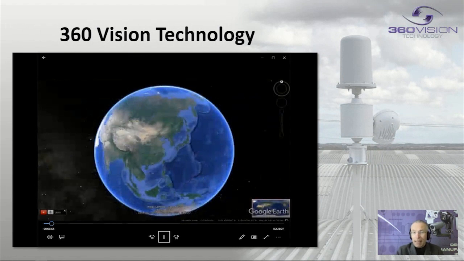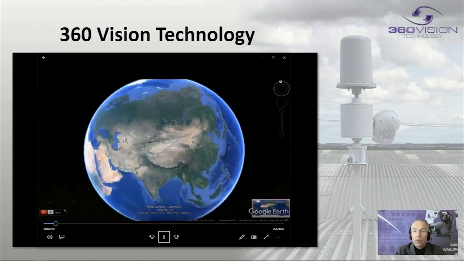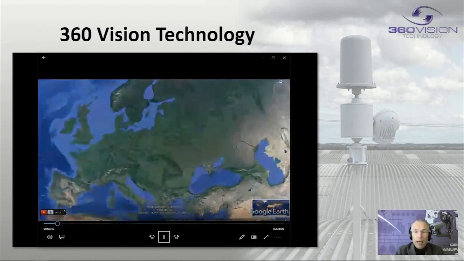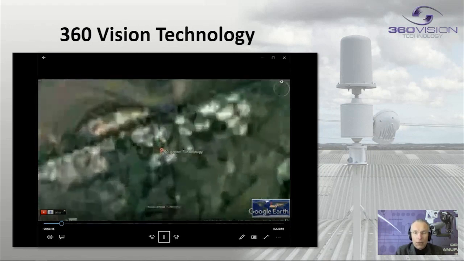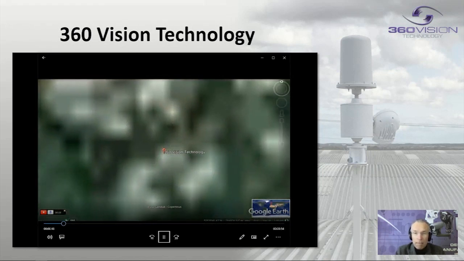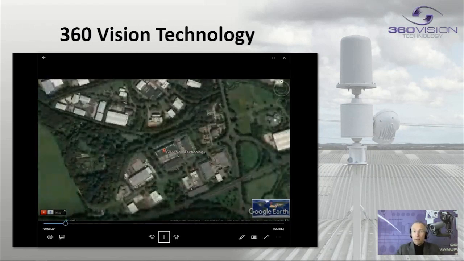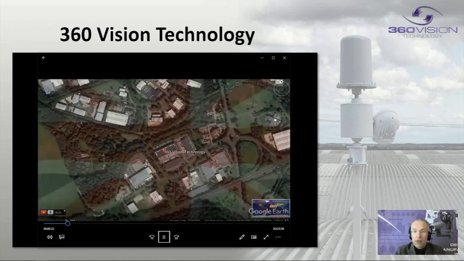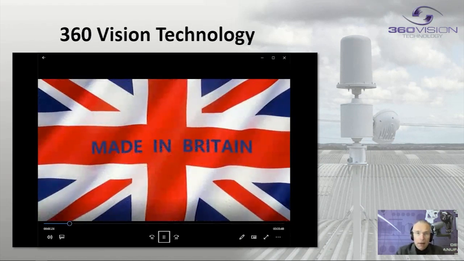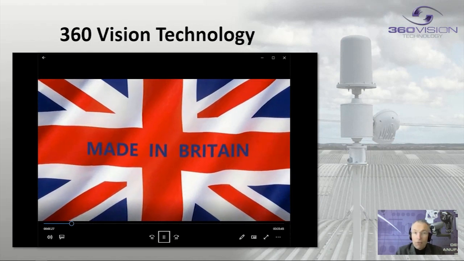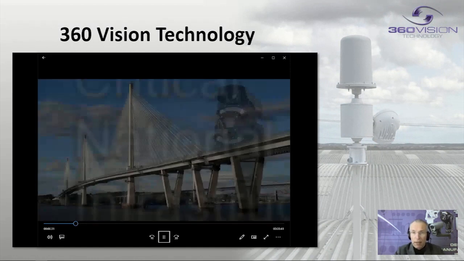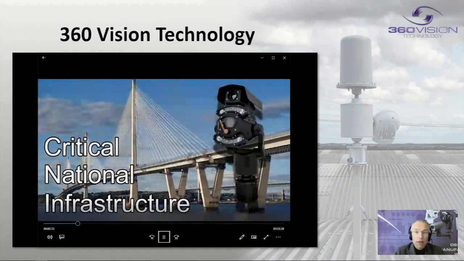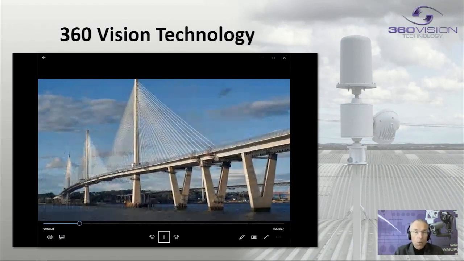We're based in Runcorn, and Runcorn is up in the northwest of the UK, as you can see here, courtesy of Google Earth. The location of our factory. And it is a factory where essentially there are raw components coming in one side of the factory and finished product out the other side. Everything is designed here in the UK at the factory. That includes the manufacture and it includes the support as well.